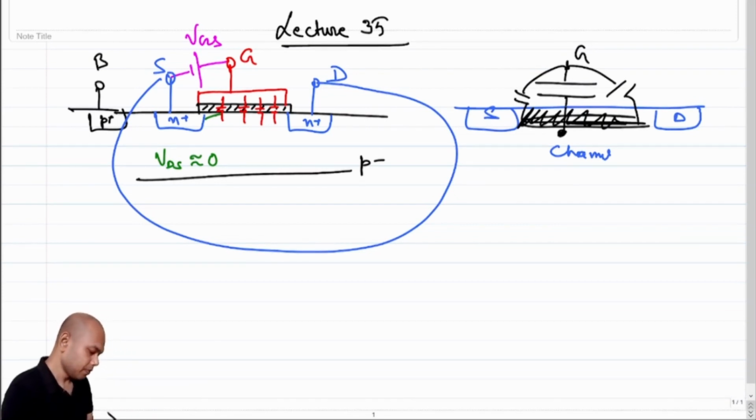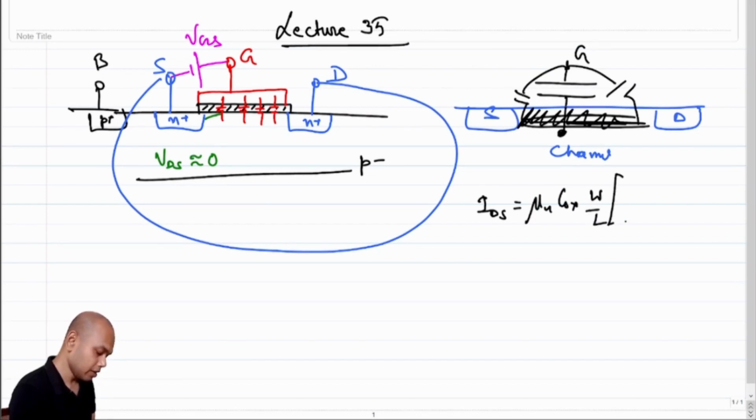Note that in the IDS equation, in linear region, the current expression is mu n Cox W by L times (VGS minus threshold voltage) times VDS minus half VDS squared. What is this Cox?